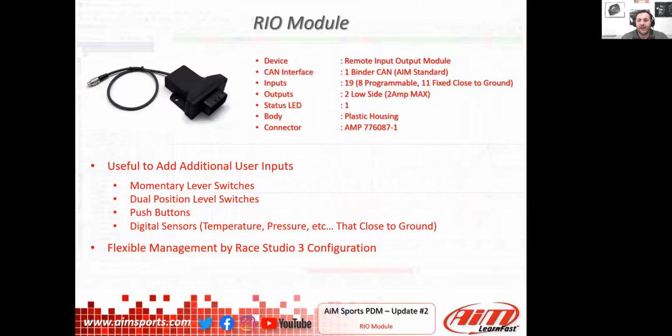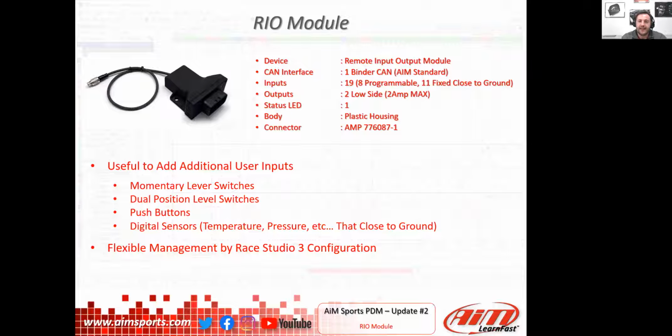Yeah, this is our first expansion to give the PDM many inputs, related typically to the management made by the user, switching on and off of the lights, and something else. So we have a compact device that has a CAN interface, standard AiM, for the connection.